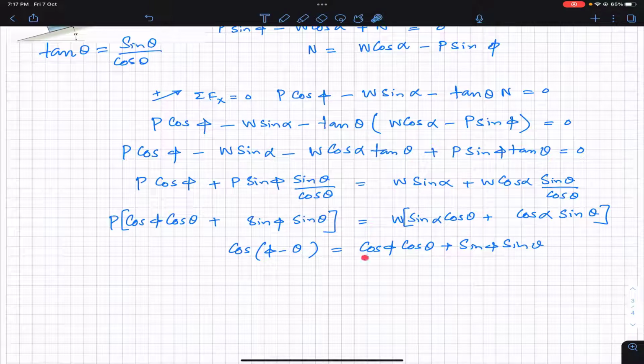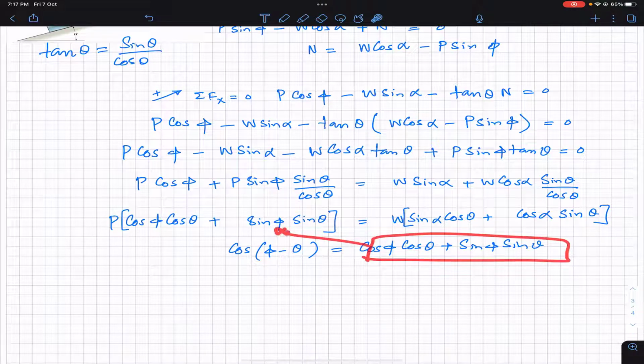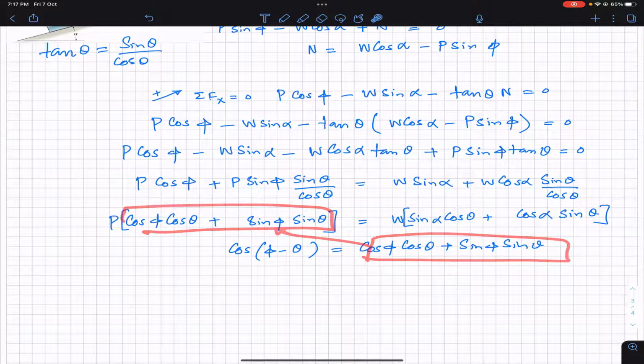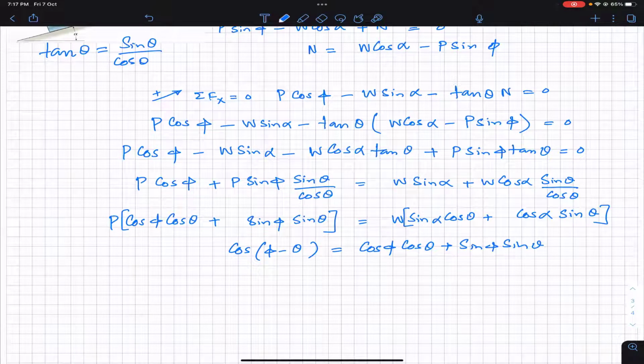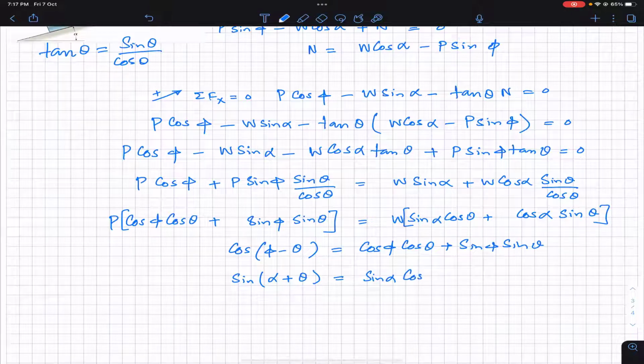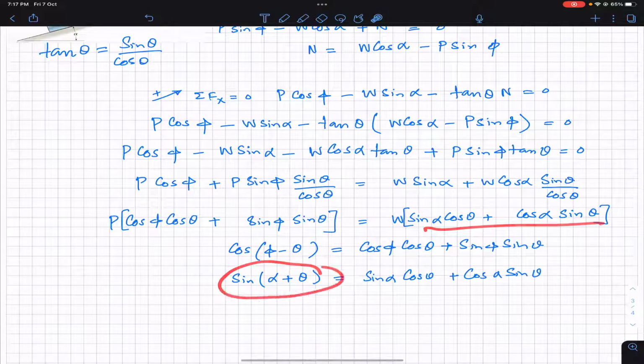So as we can see, this is this term, so we can reduce this to cos of φ minus θ. And similarly we know that sin of α plus θ will be equal to sin α cos θ plus cos α sin θ. So this means that this is equal to sin of α plus θ.